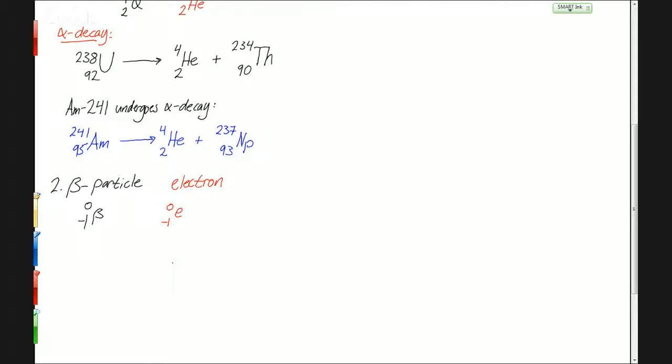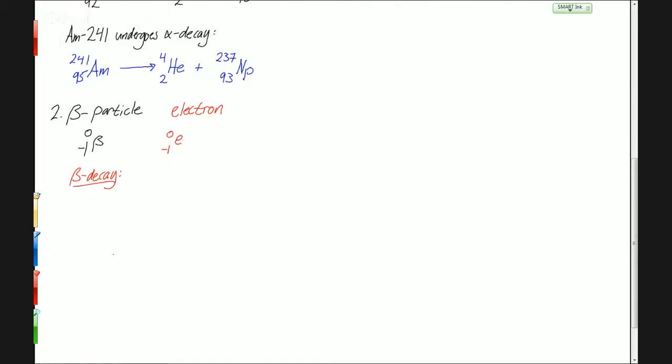All right, let's look at some of these reactions, which are called beta decay. Now, before we look at the actual atoms, what happens in beta decay is a neutron decays. So a neutron turns into a proton and an electron.